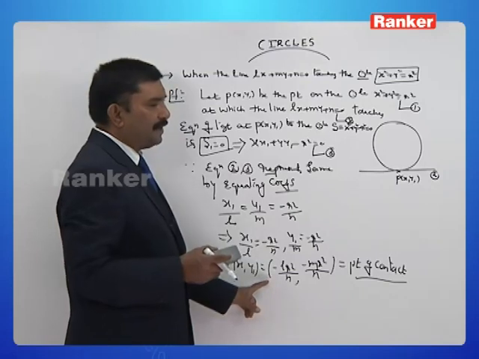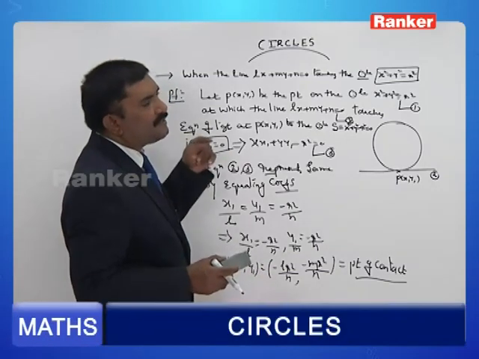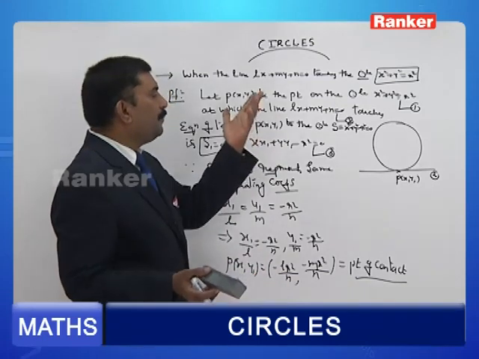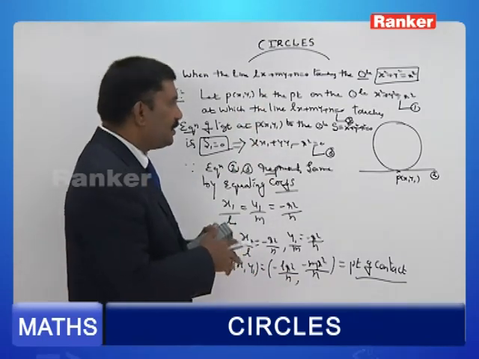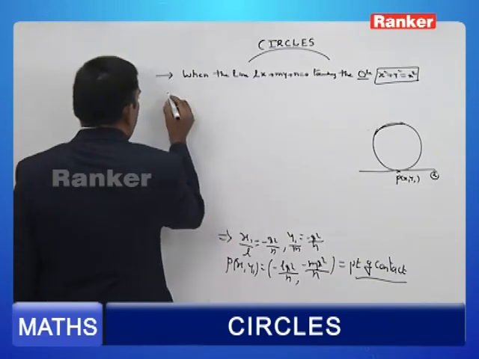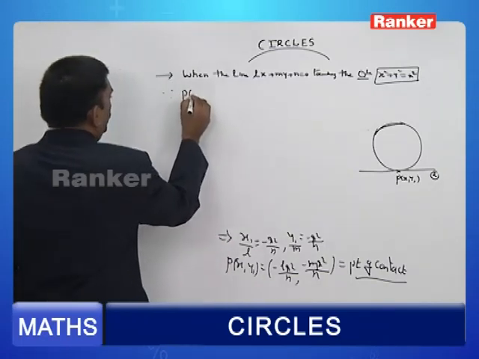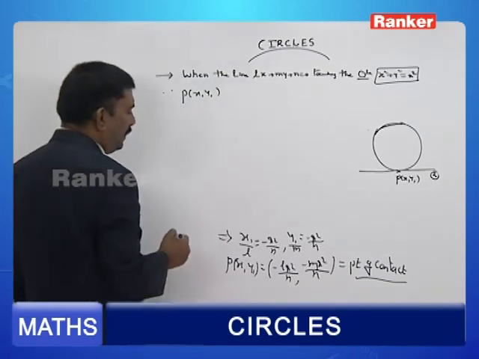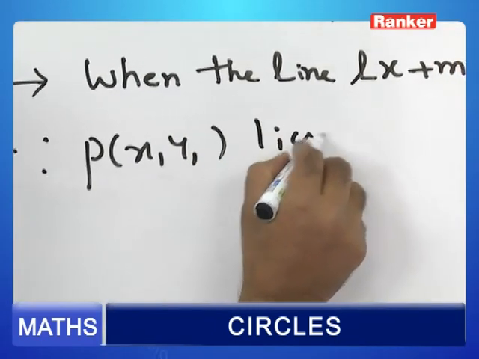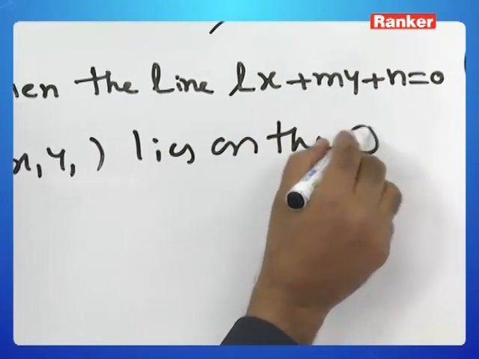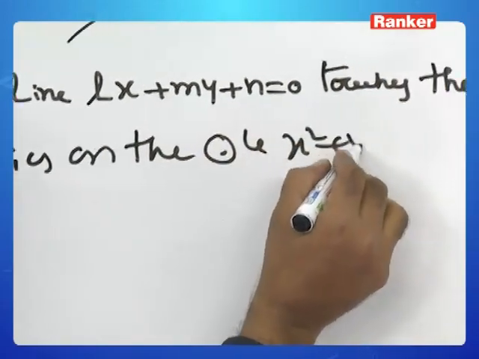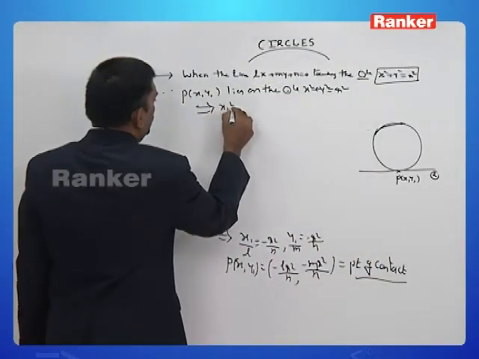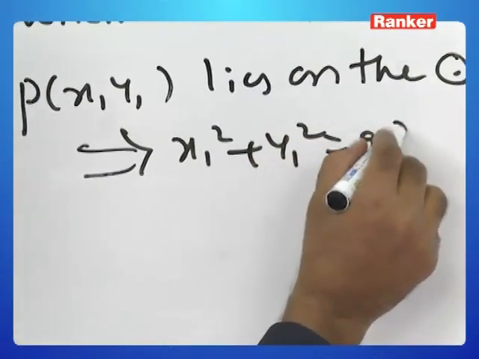This point of contact lies on both the circle as well as the line. Now you take this point and substitute it in the line equation to get a condition. Since P(x1, y1) lies on the circle x² + y² = r², we have x1² + y1² = r².